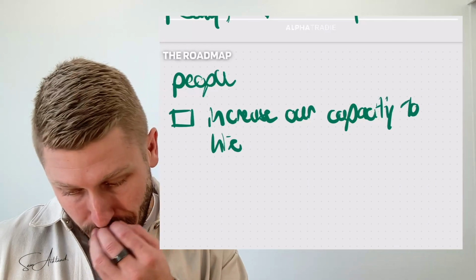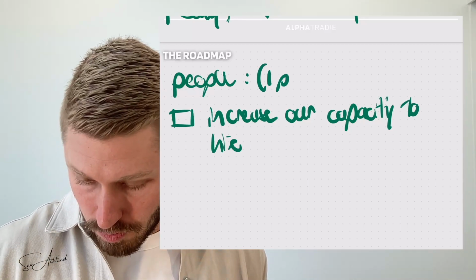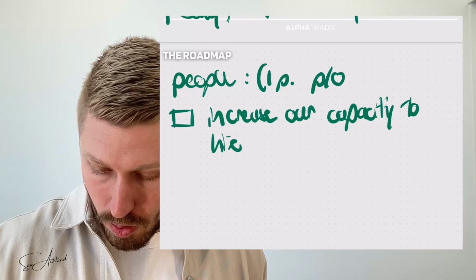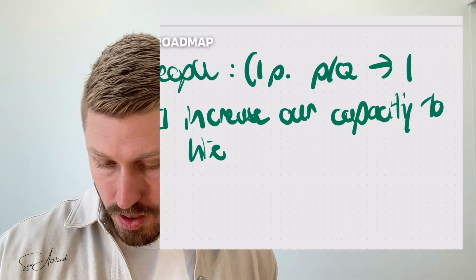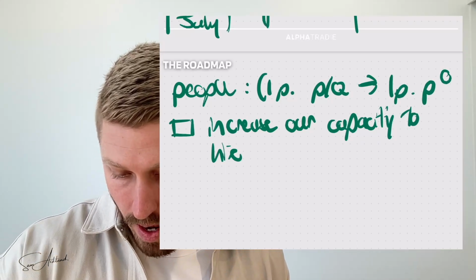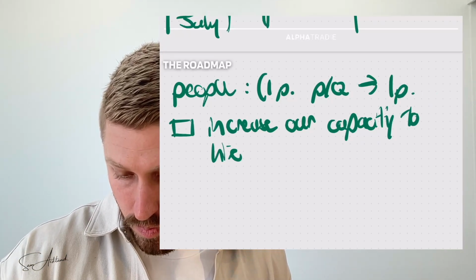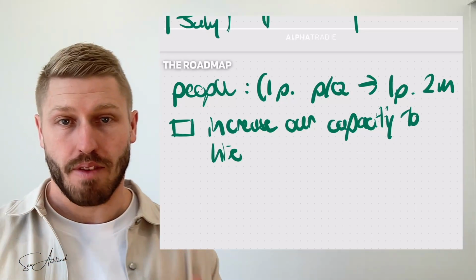Because if we can take this from one person per quarter to one person per 2 months, we can grow significantly faster.